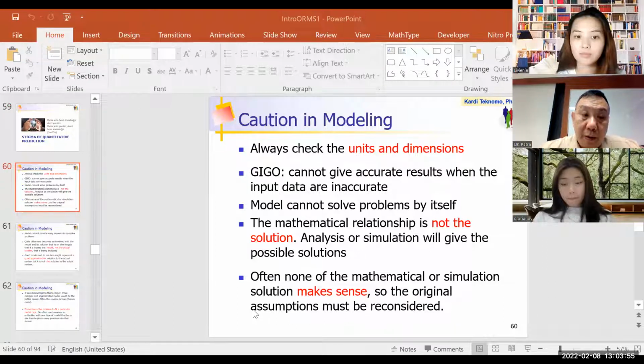And remember, data cannot be used to solve the problem. The same thing with model. Model also cannot solve the problem by itself. You still need to interpret. It's human who makes the decision. Don't expect the machine can do all things. The mathematical relationship is not the solution by itself.